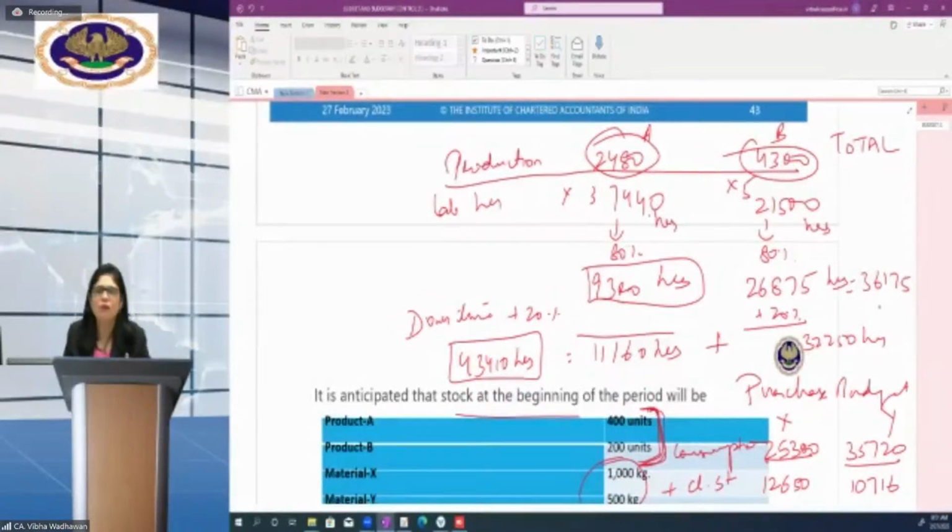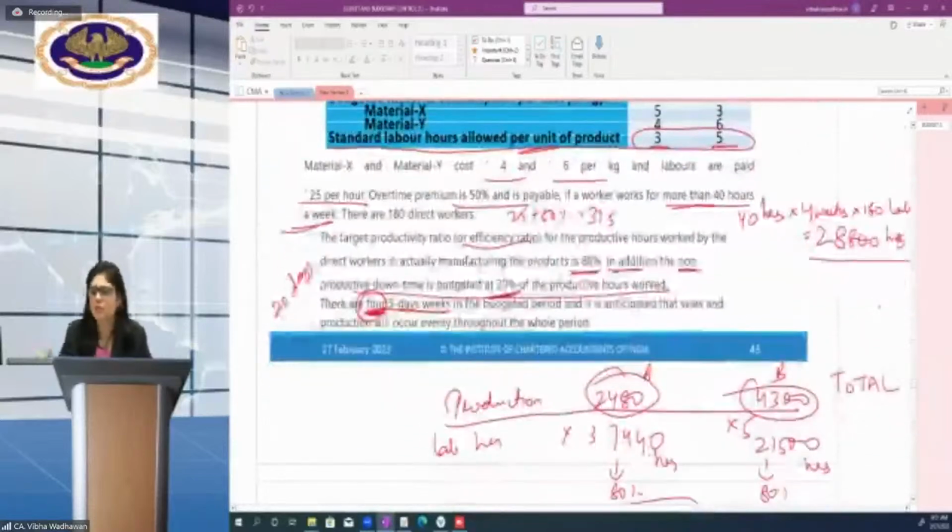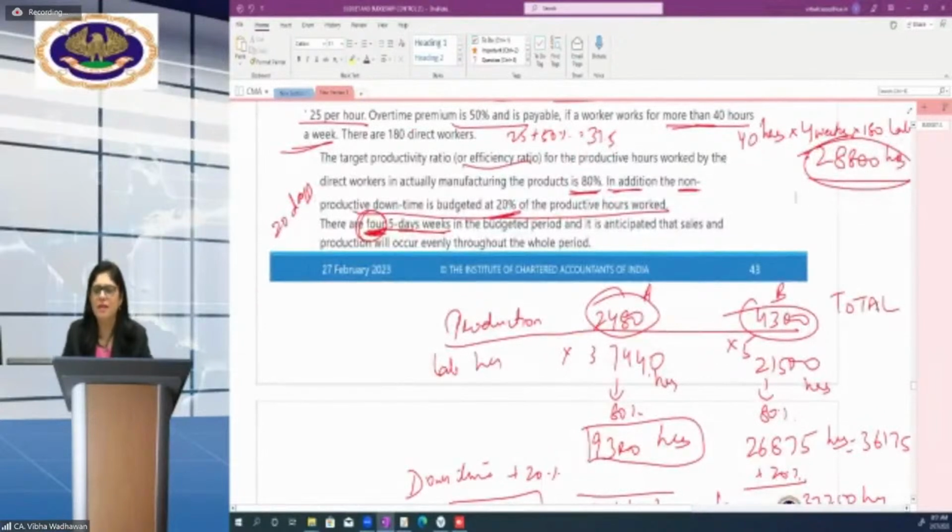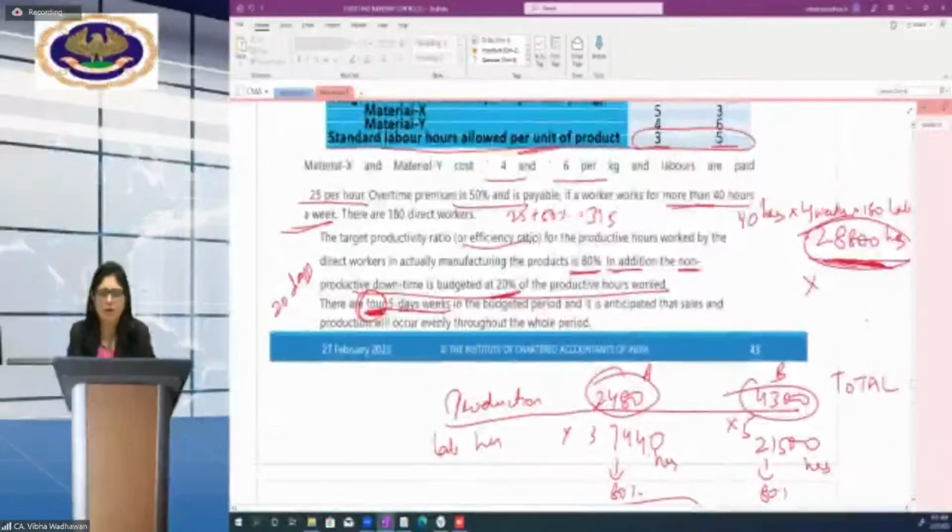Now, what were the normal hours of work? We have just calculated that 28,800 hours were the normal hours. Beyond normal hours, the laborers have to be paid at the overtime rate. So 28,800 into the normal rate of 25 per hour. Clear?